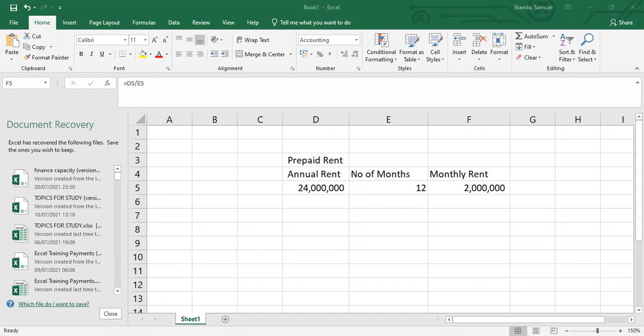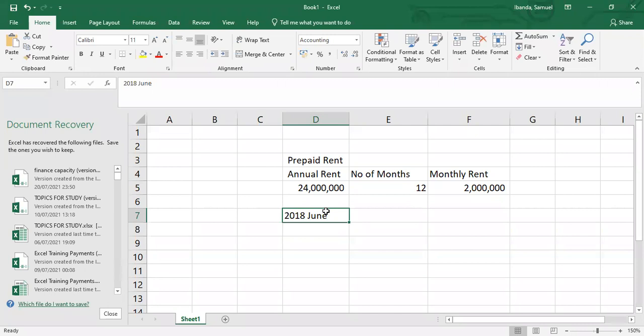That financial year, of course, ends in 2018 June. That's a normal Ugandan financial year.